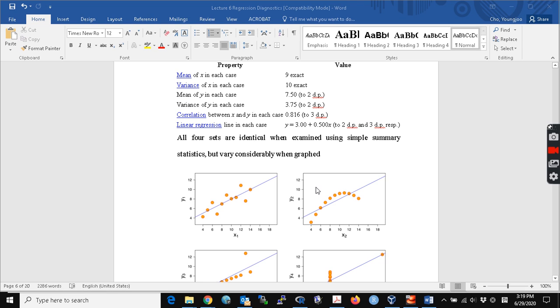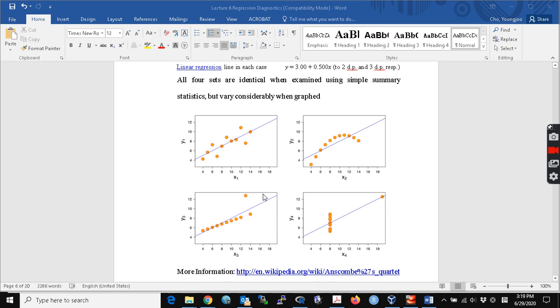So they have the same summary statistics, but they are very different when you make a graph. So this first graph here, it is reasonable to assume the linear regression model, right?